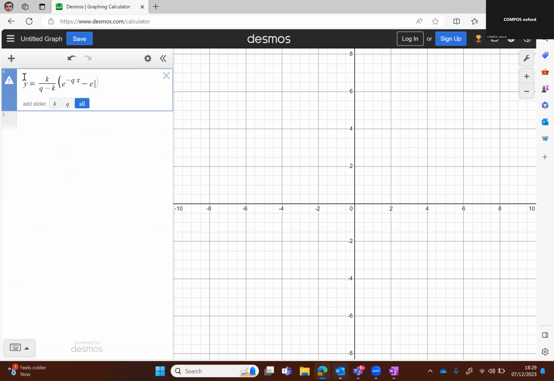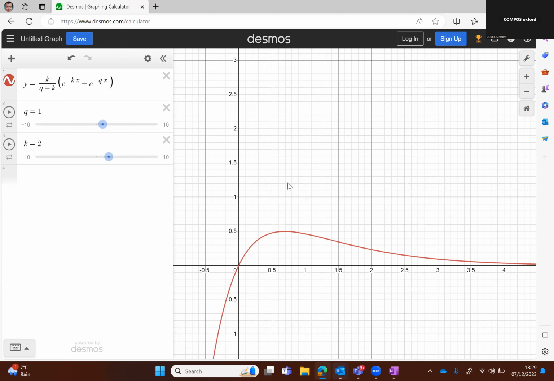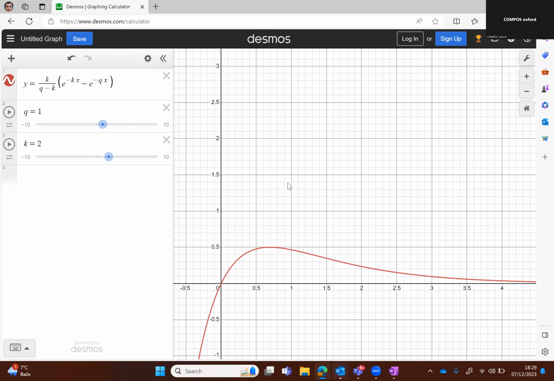I need to make sure that I've got it around the right way. I think it's this way around. Okay, and ignore the negative axis. But hopefully this corresponds to the sort of dynamics that you would expect of this differential equation.